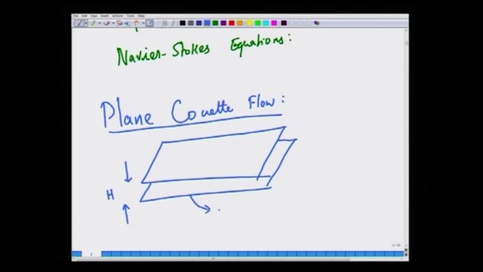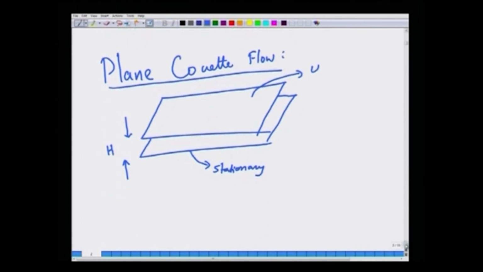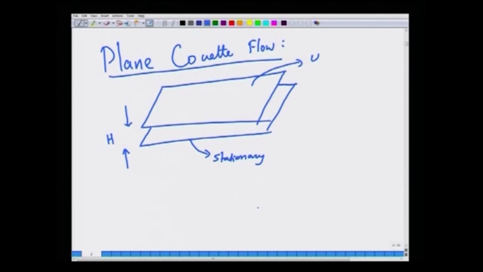The bottom plate is stationary and the top plate moves with a constant velocity u. Okay. And we want to find what is the velocity profile that is present in between the two plates.